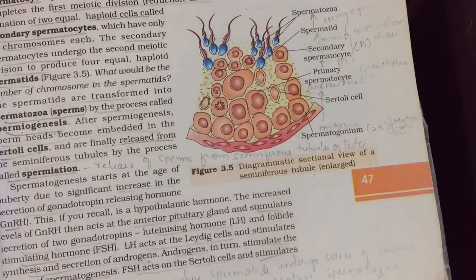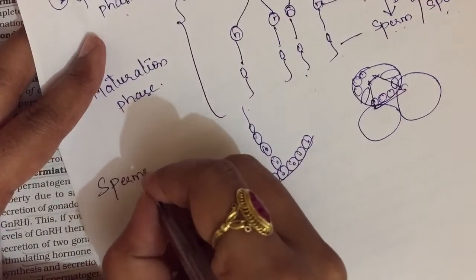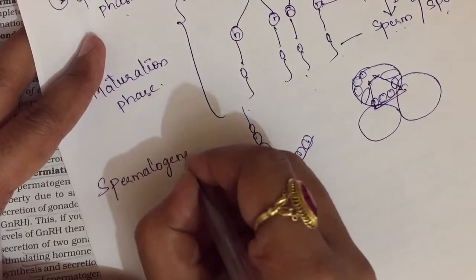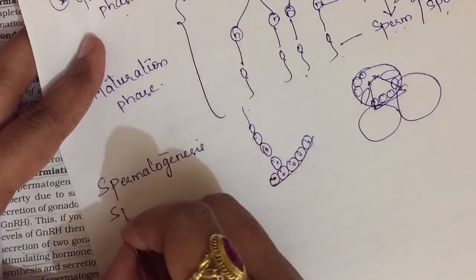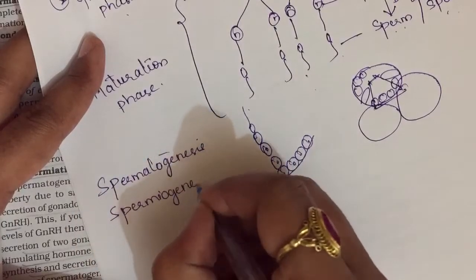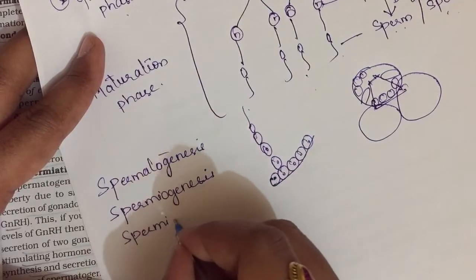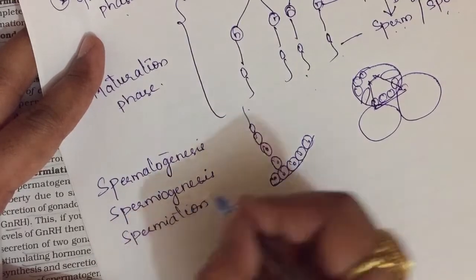We now have three terms: spermatogenesis, spermiogenesis, and spermiation. Now what are these three?